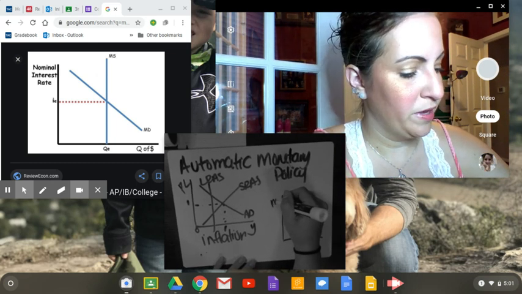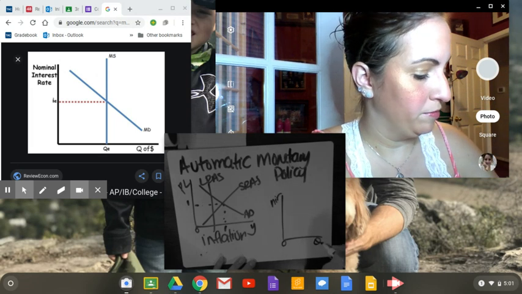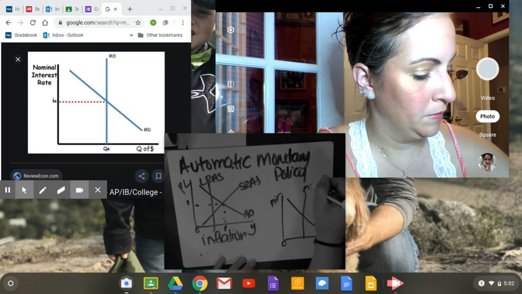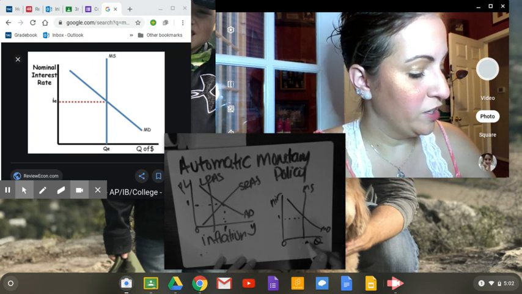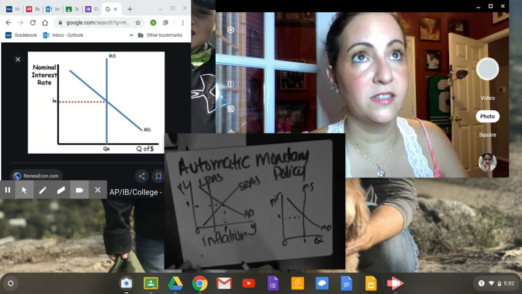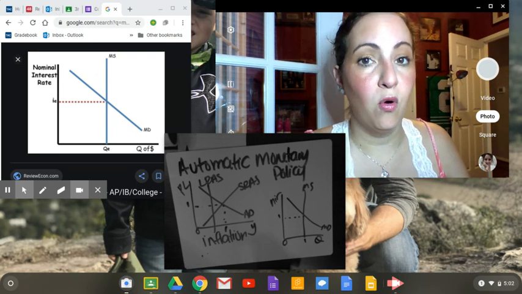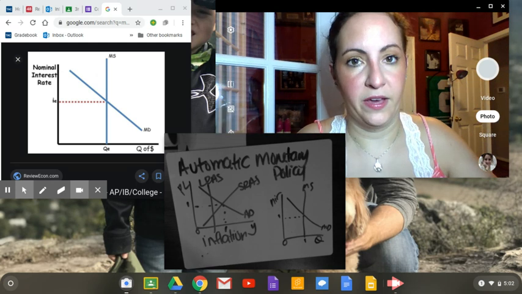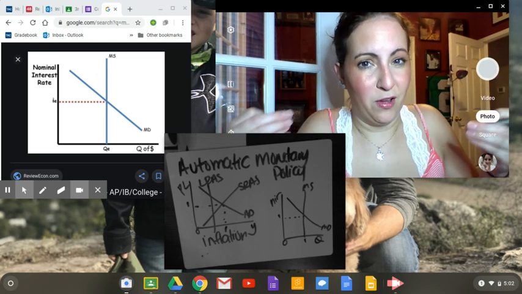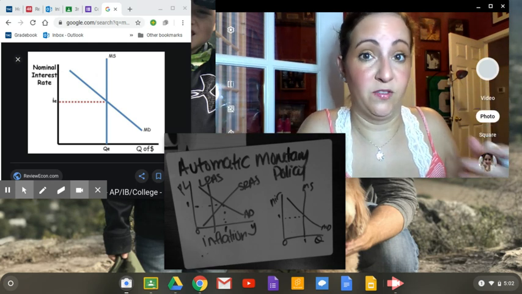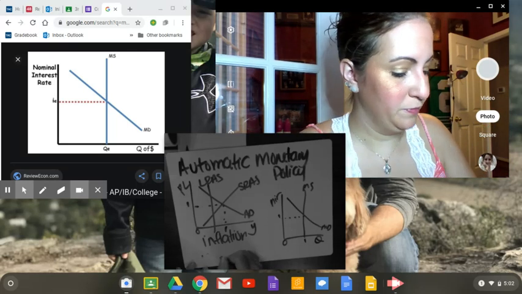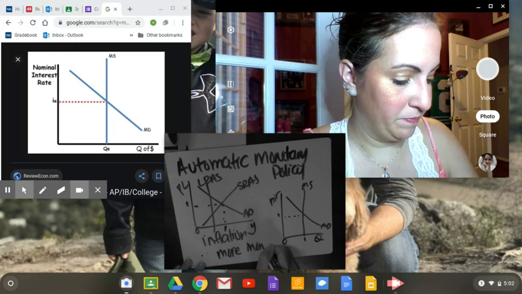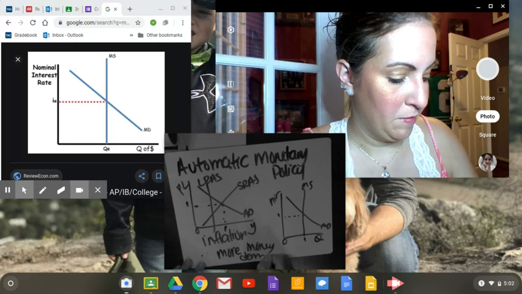And so here we have our money market graph. In inflation, there's more spending, or at least maybe you're not buying more things, but if you buy the same amount of things because they're more expensive, you are going to be spending more money, which means there's more money demand because of high prices.